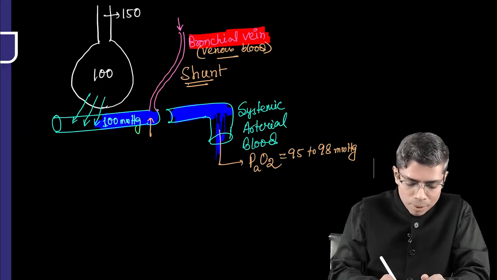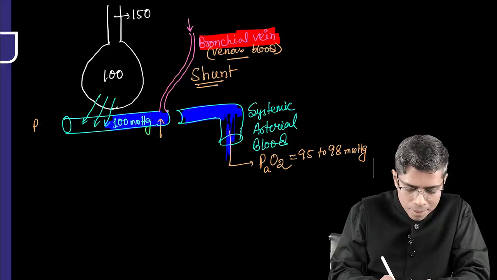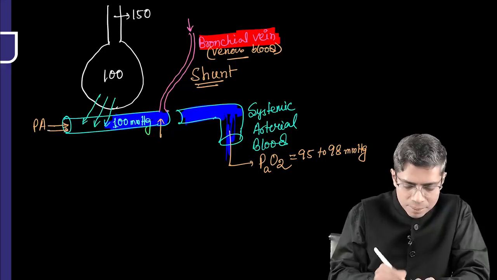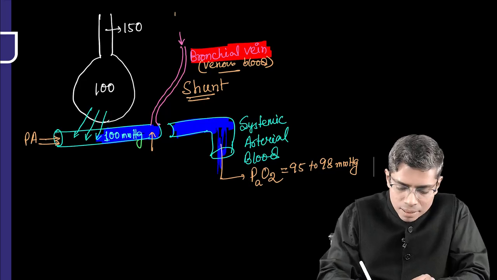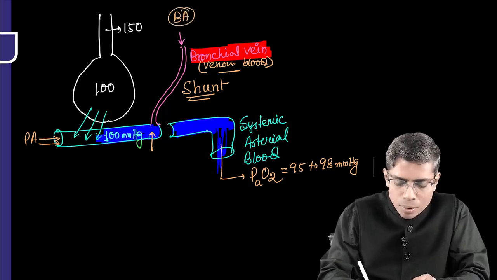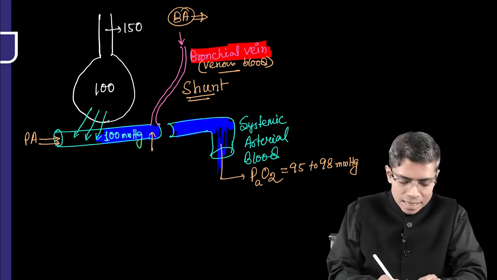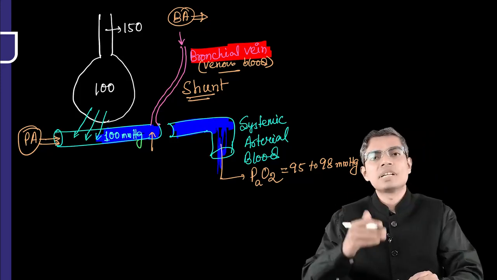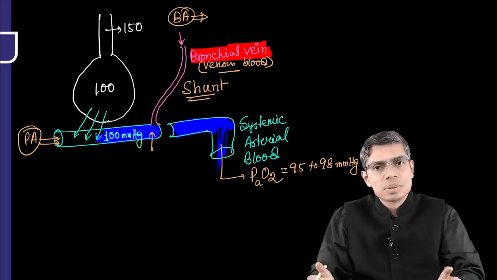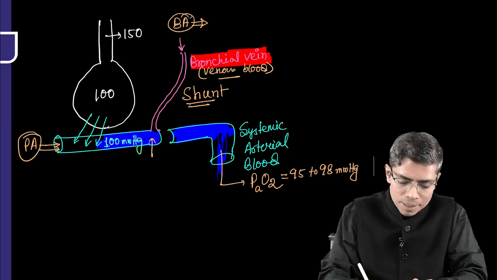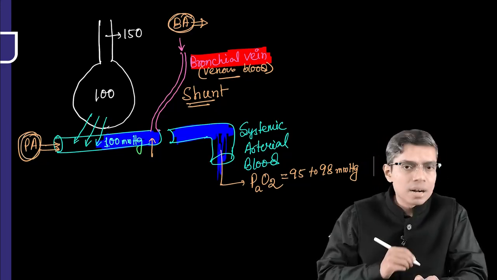There is pulmonary arterial blood which is entering the alveoli, and there is bronchial arterial blood. The bronchial artery is typically supplying the conducting zone of the lung, right? And the pulmonary artery is going for exchange at the exchange zone of the lung. So the lung has this dual blood supply, bronchial artery and pulmonary artery, right?